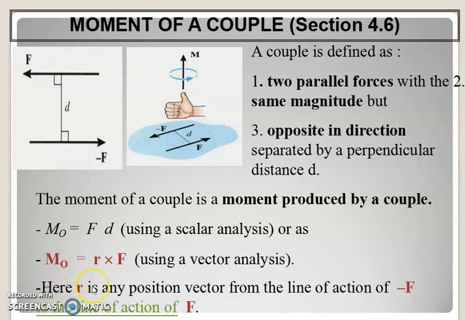Okay, here r is any position vector from the line of action of negative F to the line of action of F. So r is actually the same length as d, which is from this line of negative F to this line of F.